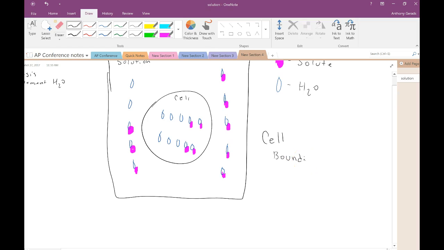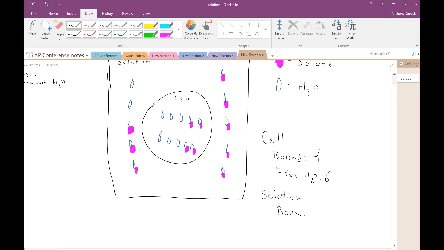12. In the cell. Oh, 4. Okay. So I have 4 that are bound. How many water molecules, so I'm going to put free H2O, do I have that are free inside of the cell? 6. All right. In the solution, how many do I have that are bound? 9 bound, right? 8. 8 bound.